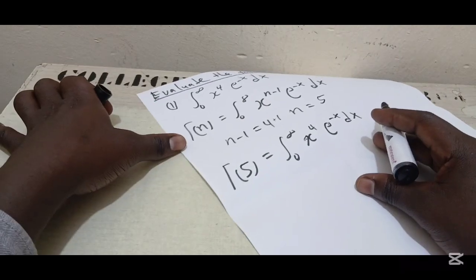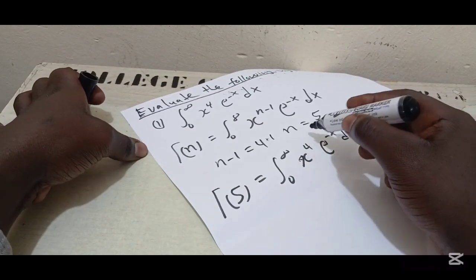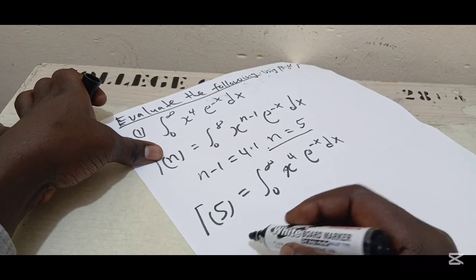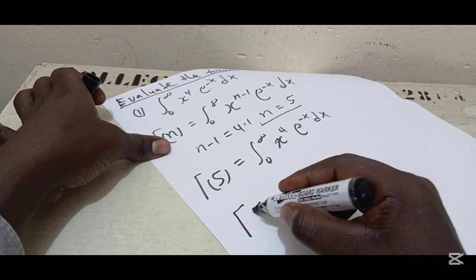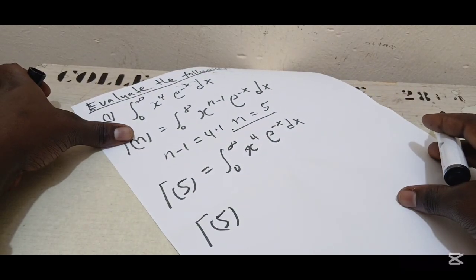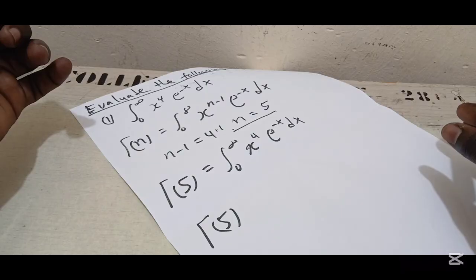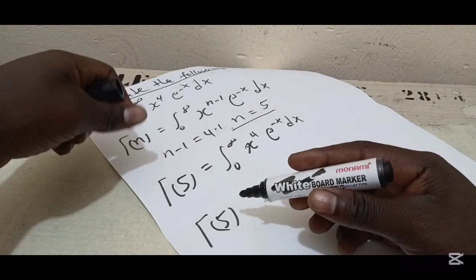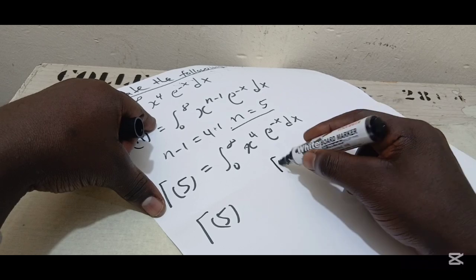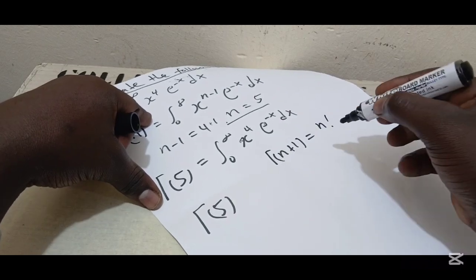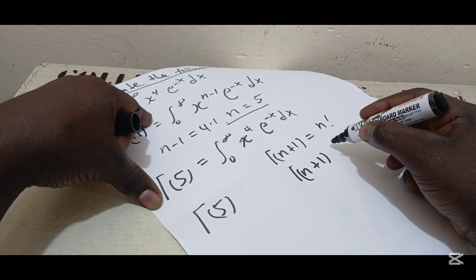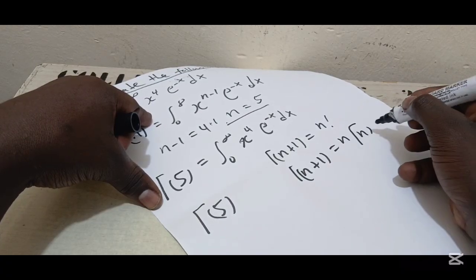So after we identify our n, we can just go ahead and solve for gamma 5. And we know for gamma 5, there are two formulas that we can use. We have the first formula, gamma of n plus 1 giving us n factorial, and gamma of n plus 1 giving us n gamma n.